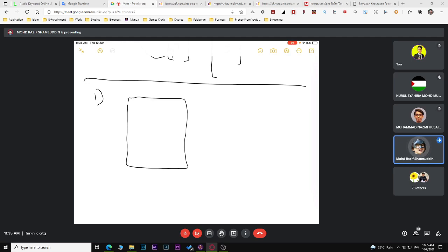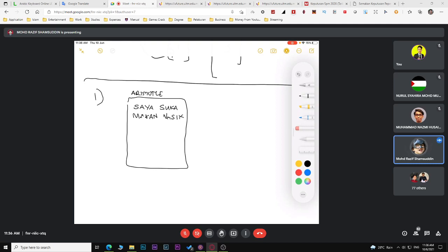So all dokumen, contohnya macam saya buat semua huruf besar, saya suka makan nasi, contohnya lah kan. Ni Aristotle tulis. Okay. Tapi masalahnya dokumen dia tu ada missing value macam ni.